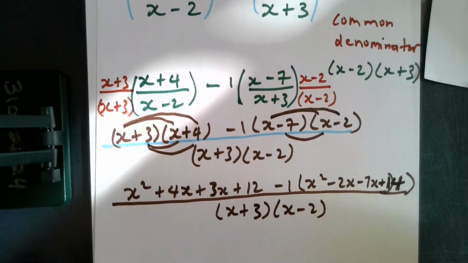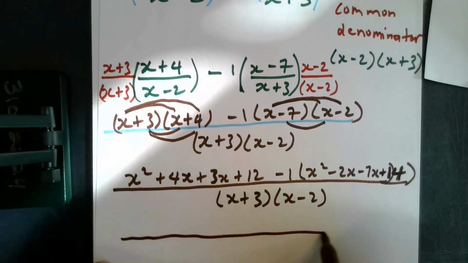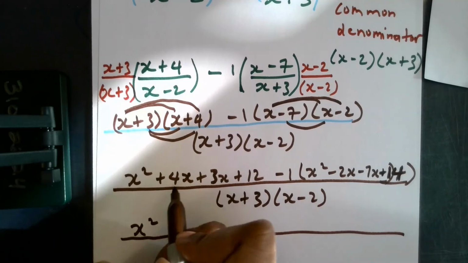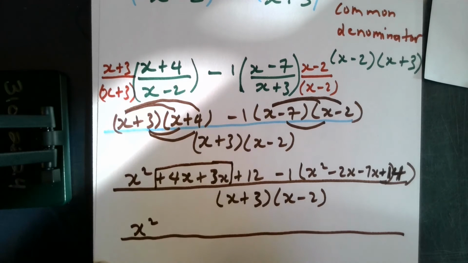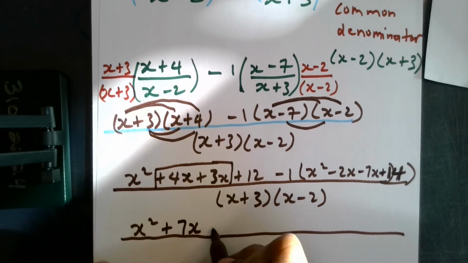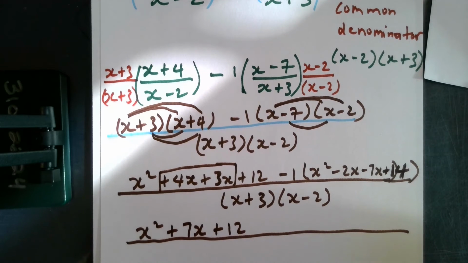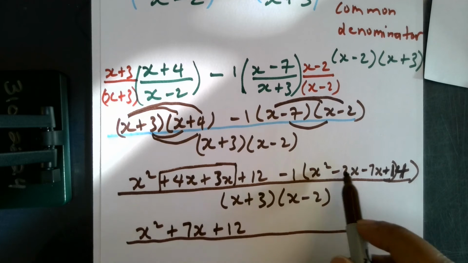All right, let's keep working. So x squared, I have two like terms here. They would combine to give me 7x, plus 12. Now before I continue, I'm going to multiply everything inside by -1.